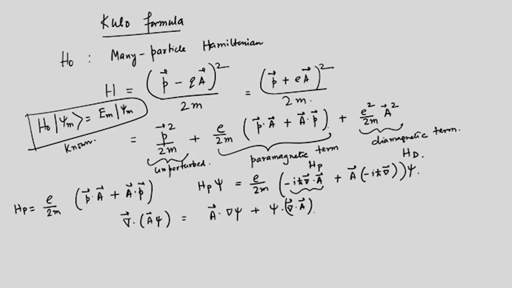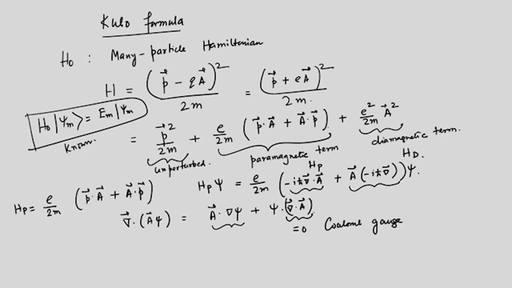Now, if we consider a gauge where del dot A equals 0, this is called the Coulomb gauge, and in this Coulomb gauge it is only left with this term, which is the same as this term. So, with this minus i h-bar adjusted, these two terms can be combined, and one can write just one term.